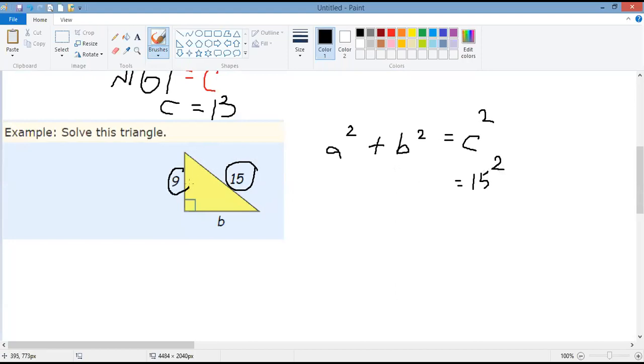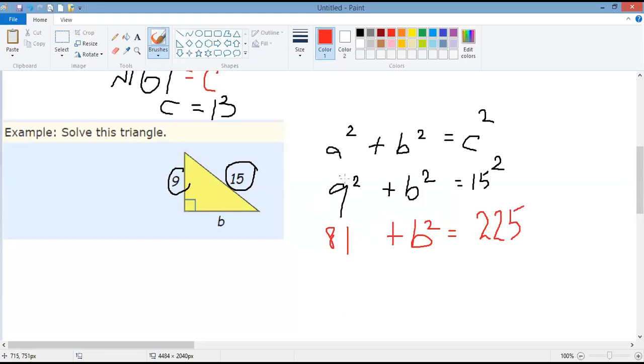Your A will be 9, so you just put 9 square. What's your B? You don't know, so you leave it as unknown B. So 9 squared equals 81, plus b squared equals 15 squared. Check your calculator, what's the value? 15 squared equals 225.